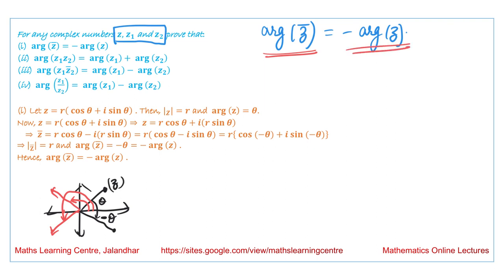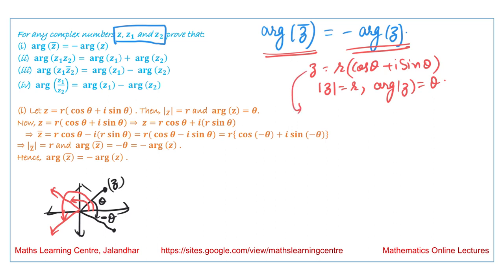To prove this result, we write z is equal to r times cos theta plus iota sin theta, where mod of z is equal to r and argument of z is theta. So we are writing this number as z is equal to r cos theta plus iota r sin theta.